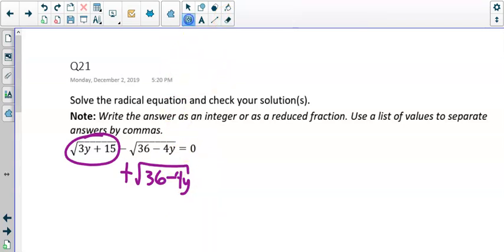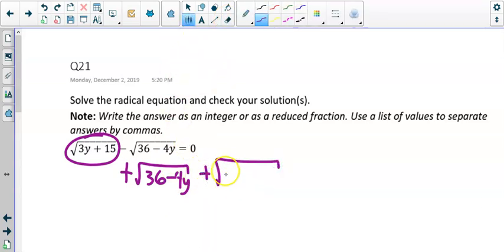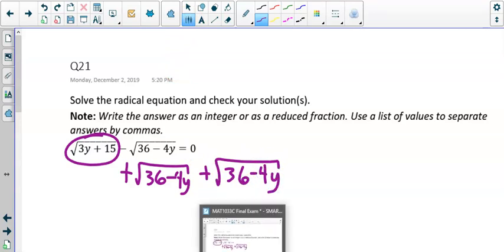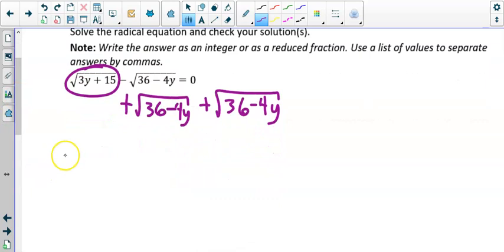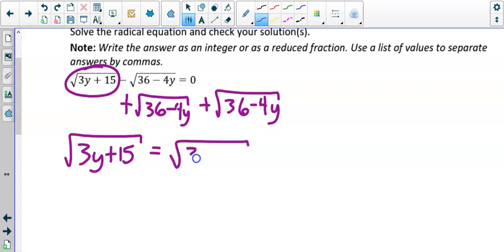So we're going to have the square root of 3y plus 15 equal to what? Equal to the square root of 36 minus 4y.